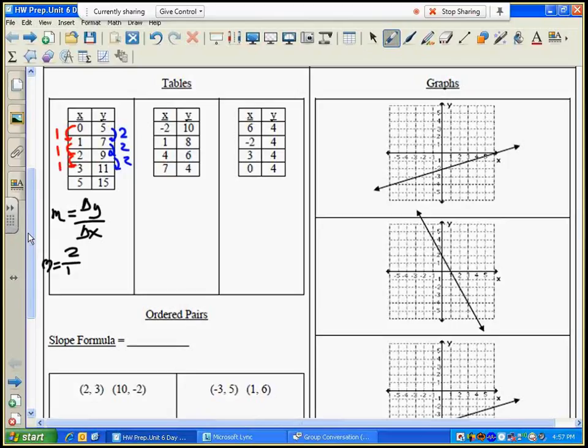But if you look at the last row, that jumps from 11 to 15. We might initially say, since that's a 4, that this guy must not be linear, that there must not be a linear rate of change. But we also have to take into account the x. So here we have a ratio of 4 over 2. Well, 4 over 2 is the same value as 2 over 1.